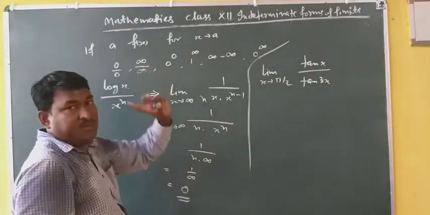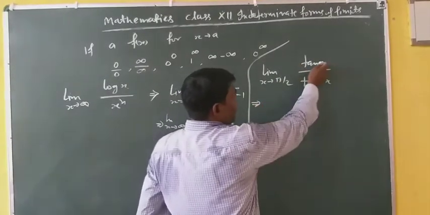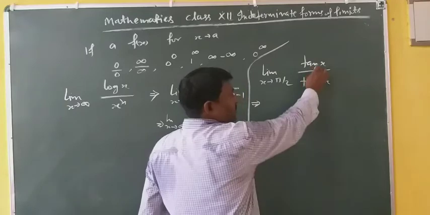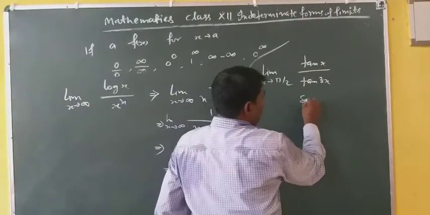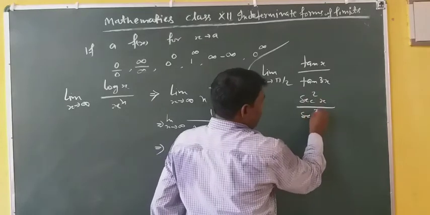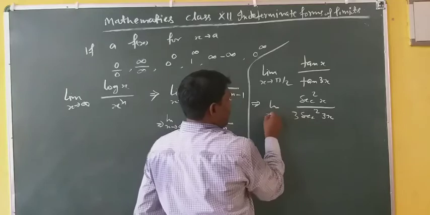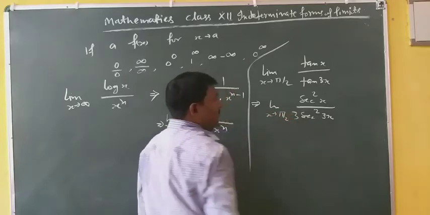That's why, using L'Hospital rule, differentiating numerator and denominator, the differentiation of tan x is sec square x upon sec square 3x into 3, limit x tends to pi by 2.